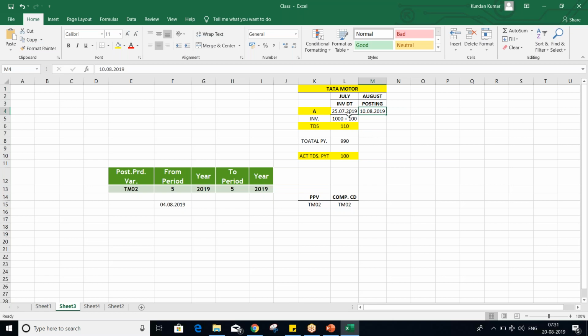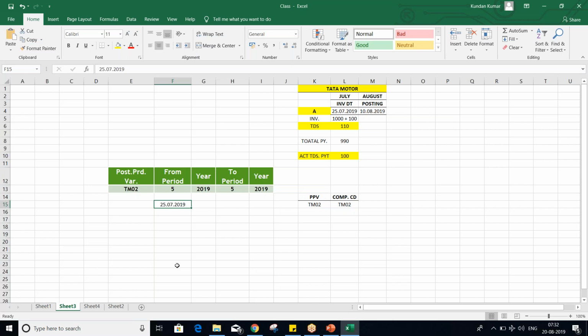But this fellow is going to edit this 10th of August and use 25th of July instead. So the user edits from 10th to 25th of July, and then tries to post these transactions.